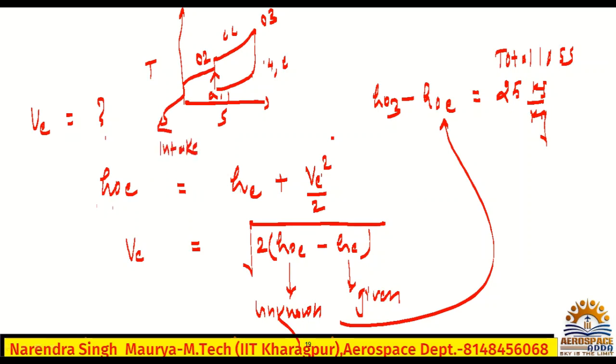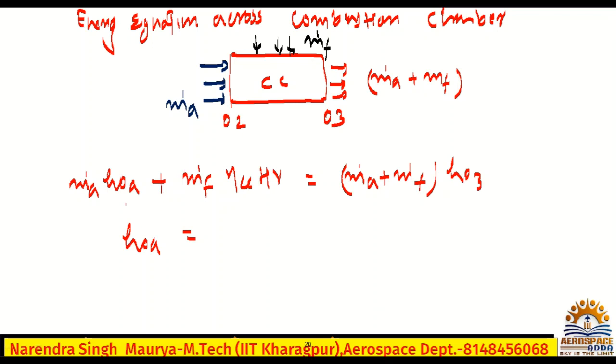But across the intake, total enthalpy must be constant because we are not adding any heat in intake. So H naught A is equal to H naught 2. Whatever the value of H naught A, that will be H naught 2. Hope you understood. So better I will write H naught 2 here, so that there should not be any confusion.